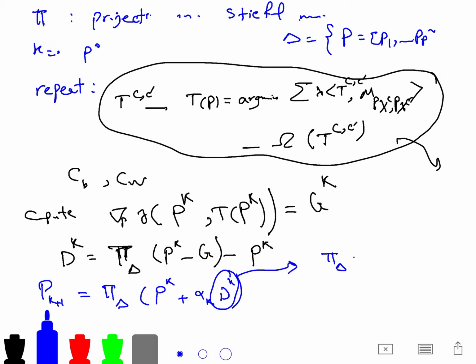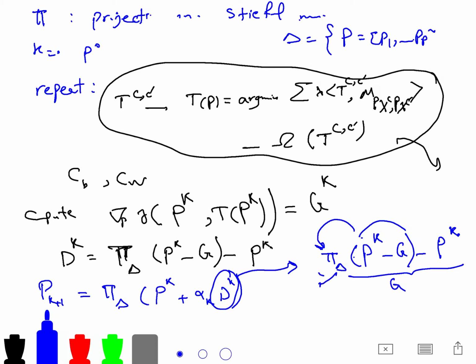And the reason that I write it like this is because if there is no projection, it becomes G. But since G is not in the Stiefel manifold, pk minus G is not in the Stiefel manifold. So we project it back to our Stiefel manifold.